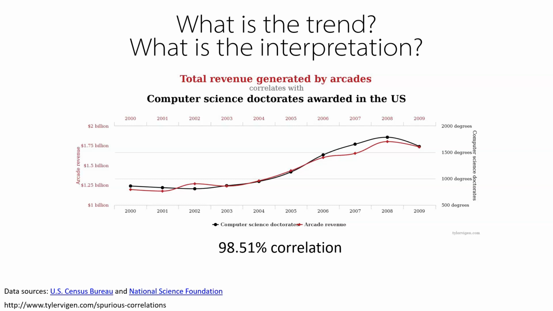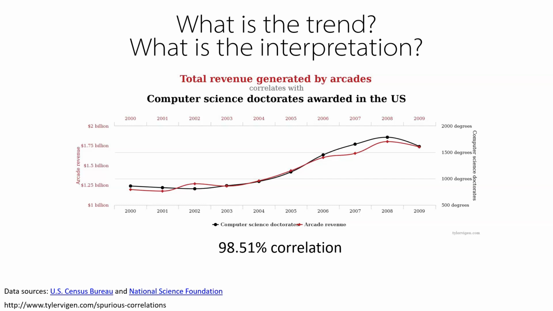All it's proving is that between the year of 2000 and 2009, there seems to be a correlation. If you want to prove that there's a cause and effect here, you have to do a little bit more. You have to generate an experiment that does actually establish cause and effect.